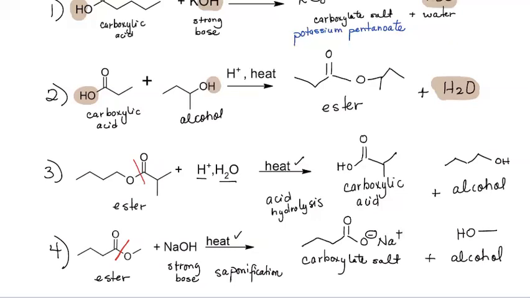Okay? So since this carboxylate salt has 4 carbon atoms, what is going to be the name for that carboxylate salt? In this reaction, what is the product that we formed?